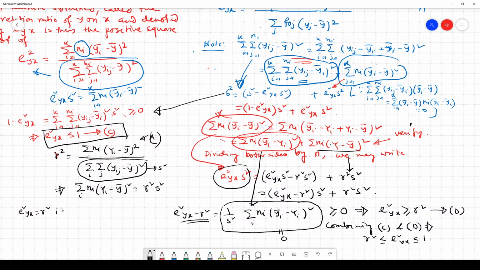This means capital Yi should be equal to small yi bar for each i. So the array mean of y is the same as capital Yi, that is, the predicted value of small yij for each i.